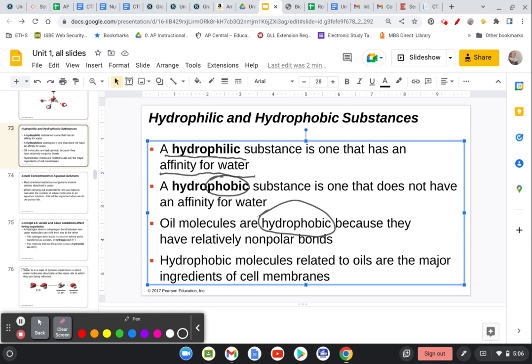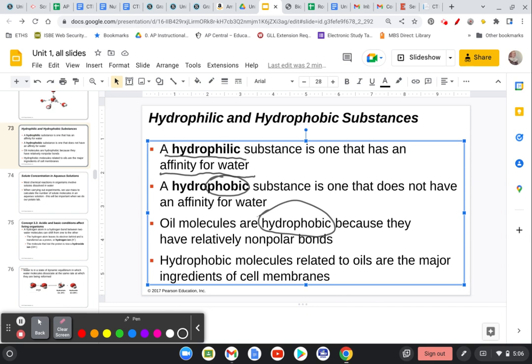Hydrophobic molecules related to oils are major ingredients in cell membranes, and every one of our cells is made up of a cell membrane. We don't want water to just easily be able to get into a cell, because if it did, it could cause the cell to burst.